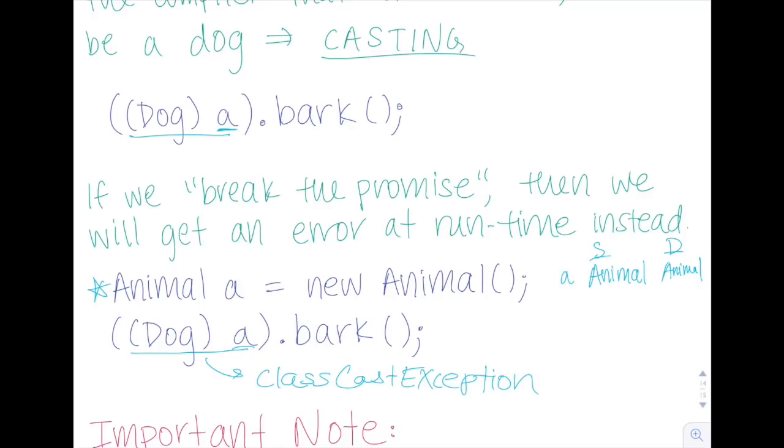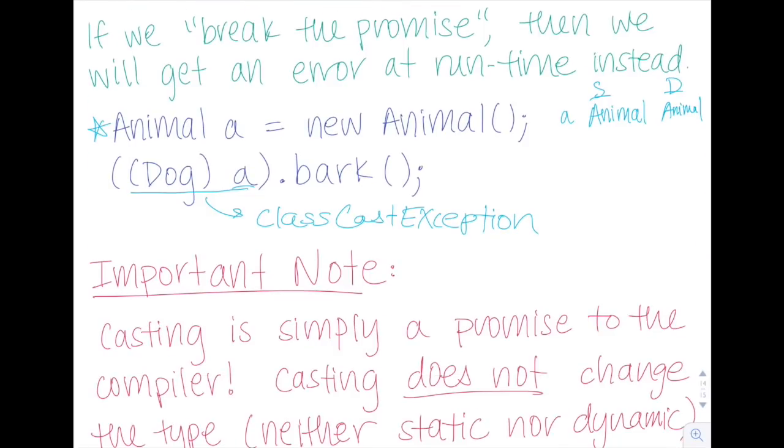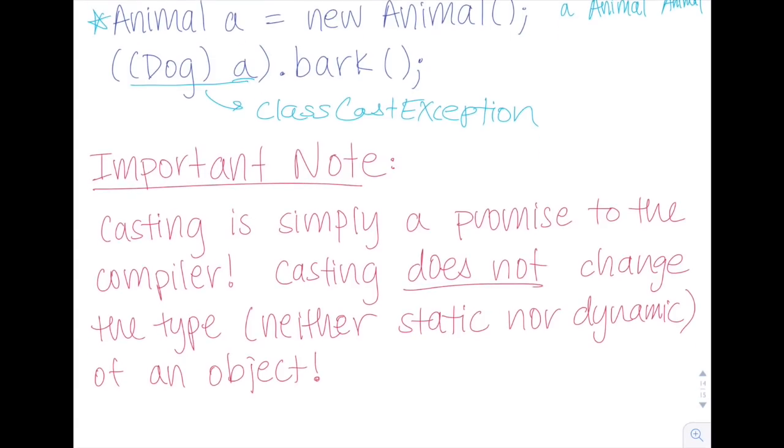Okay? So now this brings me to an important note. When I was a student in 61B, casting had me pretty confused. I thought when I saw the line (Dog) A, that A was actually being turned into a dog. Like A was actually changing in some way.